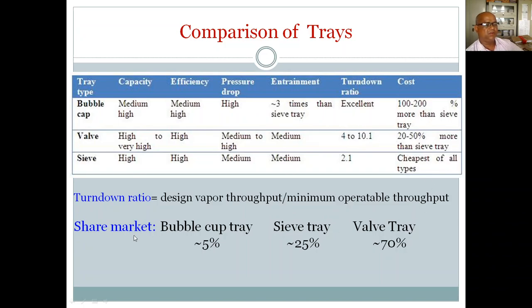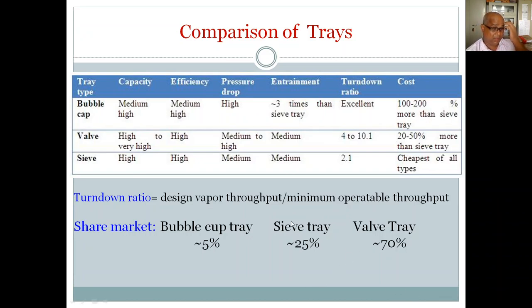In market share, you understand that the sieve tray is the easiest and cheapest one. So where the company does not have much constraint on weeping and dumping, meaning when their gas flow rate will not fluctuate much, they can go for sieve tray.